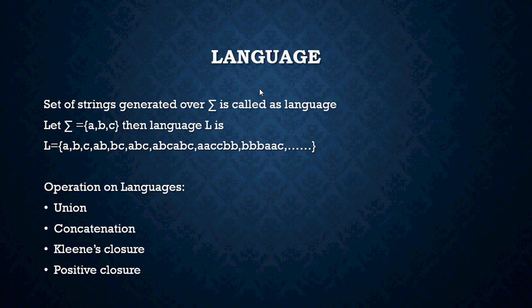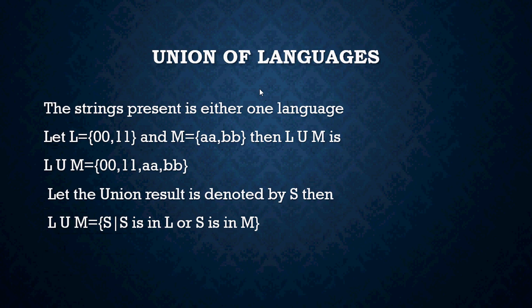Now, what is meant by union? You have learned in school level mathematics, you have two sets and you can incorporate these two sets into one set if an element exists in both the sets or in at least one set. In this case, L is one set which consists of 0 0 and 1 1, and M has AA and BB.